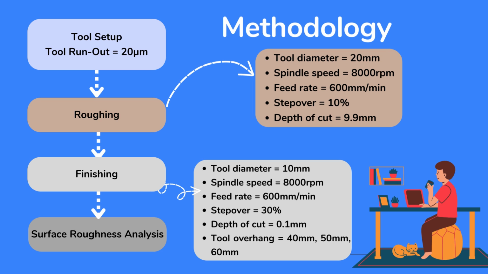Next, do the finishing process. The finishing process is done with various tool overhangs, which are 40, 50 and 60 mm, using a flat end mill of 10 mm diameter with 8000 rpm spindle speed, 600 mm per minute feed rate, and 30% step over.